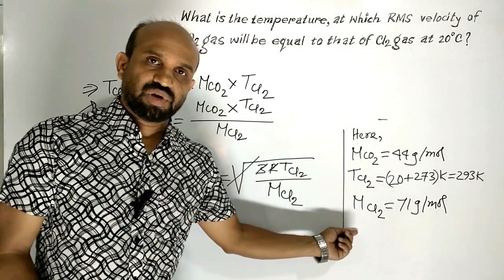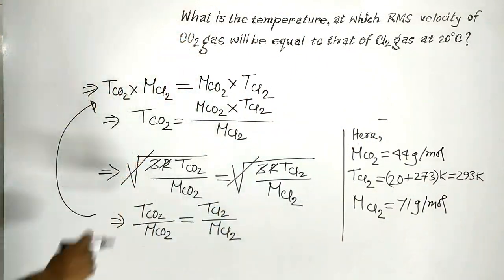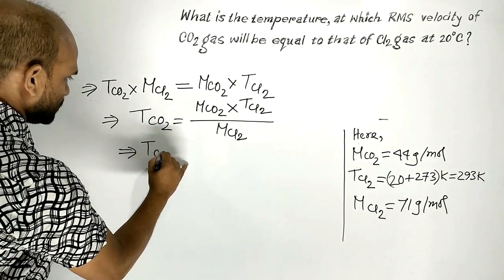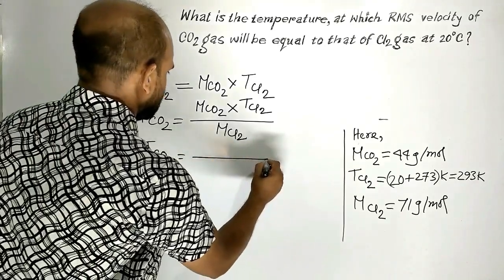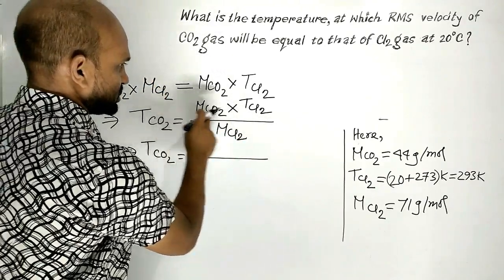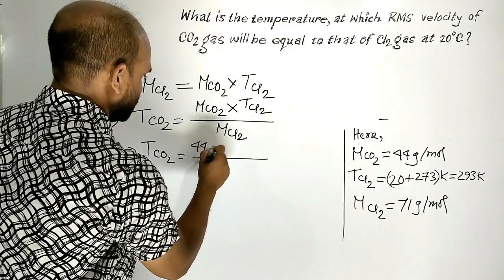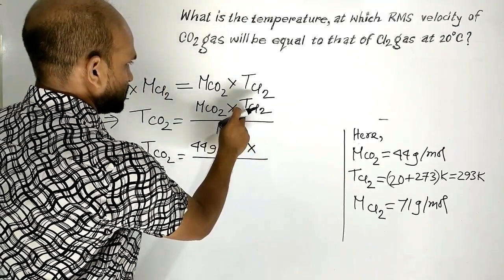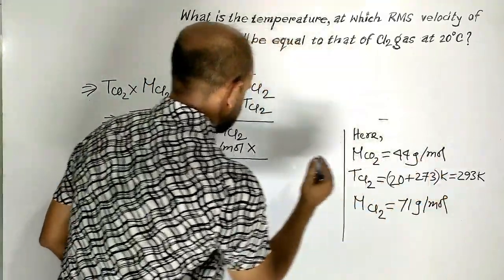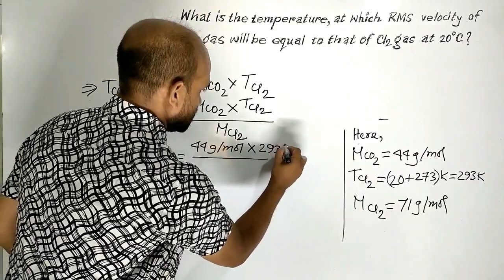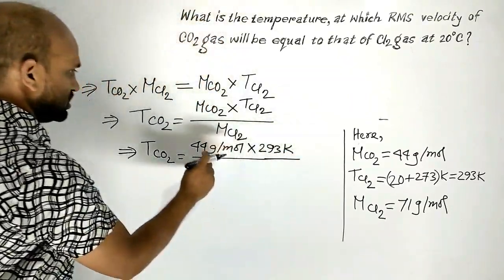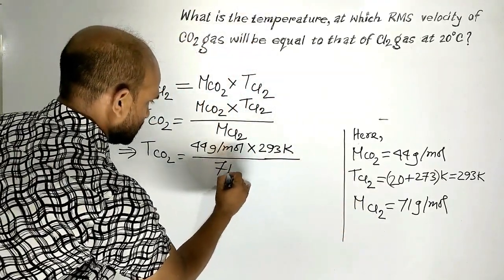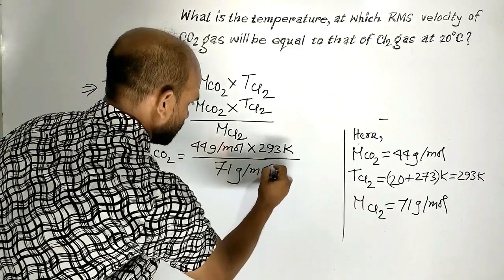Now putting the values in this equation, we can write Kelvin temperature for carbon dioxide gas is equal to, here molar mass for carbon dioxide gas 44 gram per mole into Kelvin temperature for chlorine gas, this is equal to 293 Kelvin, divided by molar mass for chlorine gas, this is equal to 71 gram per mole.